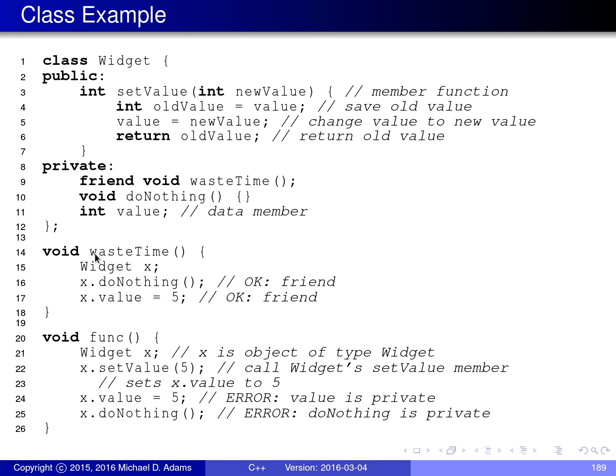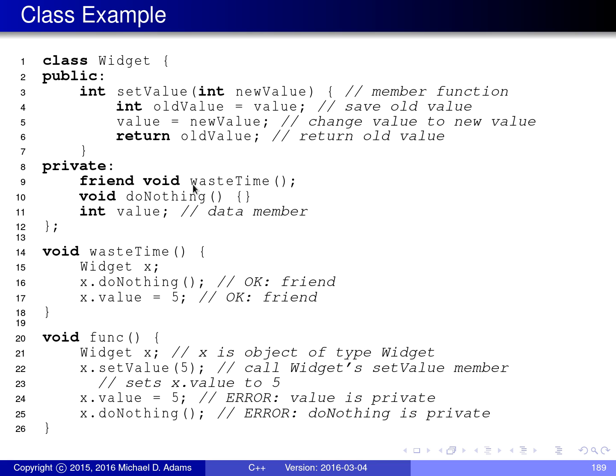If we look at the code for the wastetime function, the function that's a friend of the class, you'll notice that inside this function we're doing some things that normally you wouldn't be able to do unless wastetime was a friend of the class. In particular, we're creating a widget object called x inside this function, and then we're calling a private member function of the class, because if you look up above, the member function doNothing is a private member, so it can only be called by the class widget itself or friends of the class.